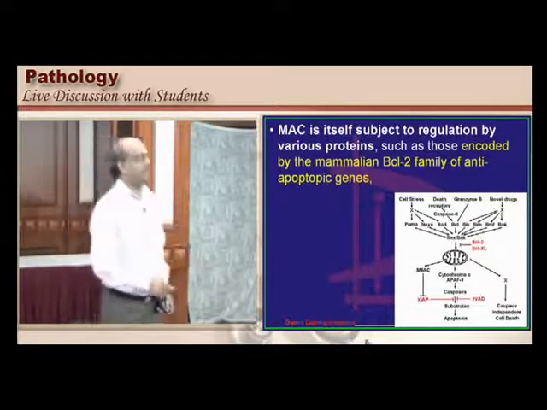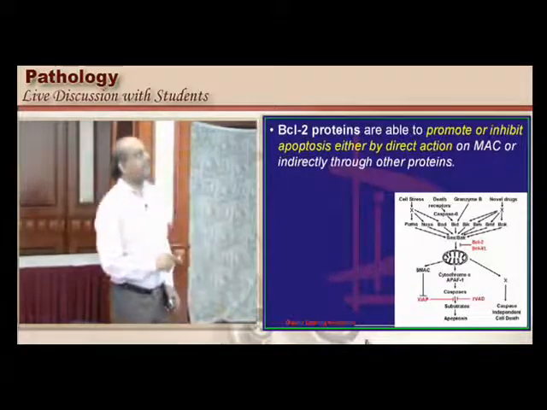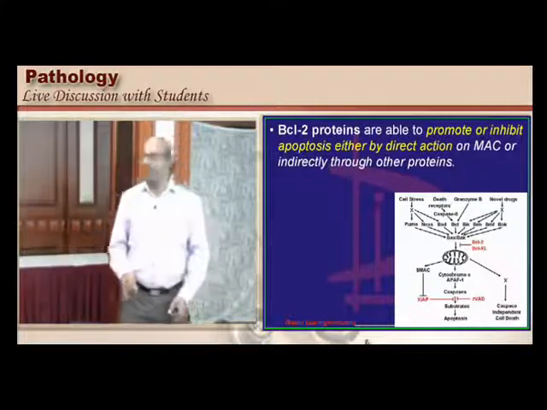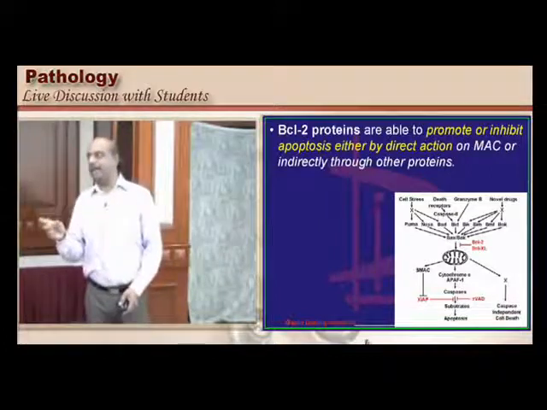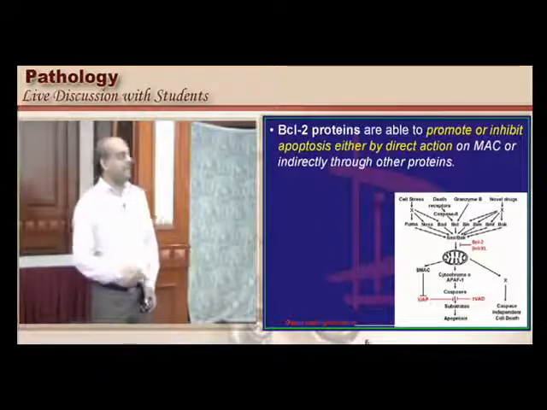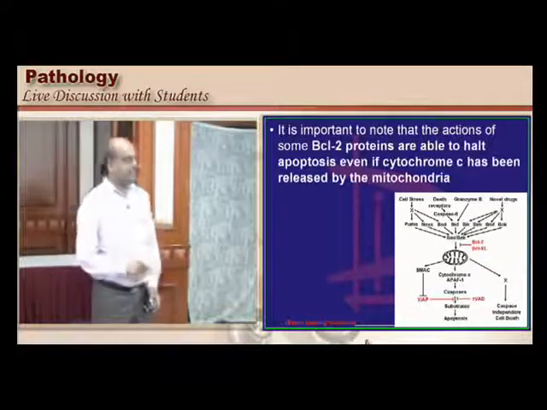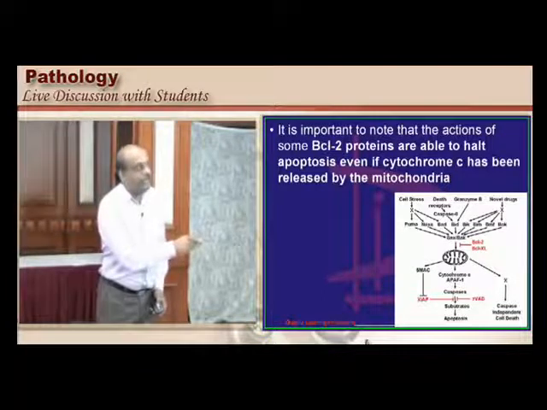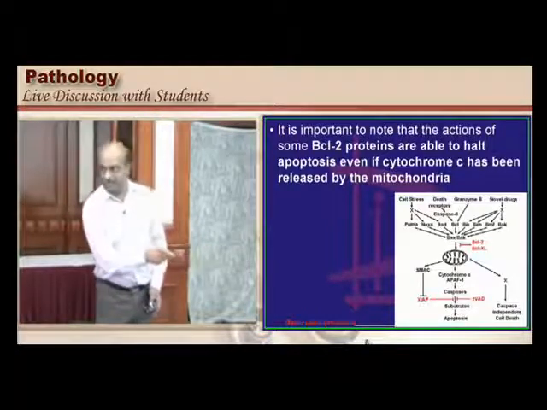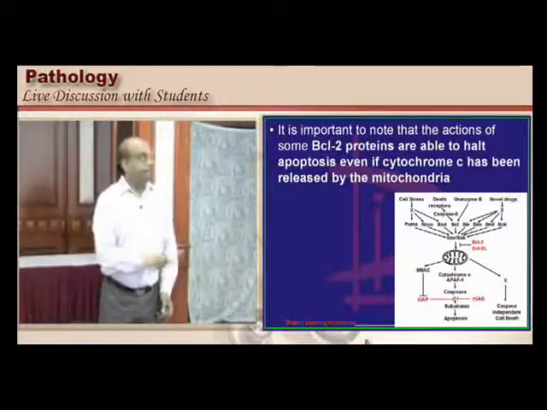So who will regulate it? There is something called BCL2 proteins, a family of genes that regulate apoptosis. They can promote or inhibit apoptosis by regulating the SMACs, which needs to be remembered. And the beauty of BCL2 proteins is that even if cytochrome C is released by the mitochondria and is very eager to bind with APAF1, form the apoptosome and release caspases, the BCL2 command is stronger.